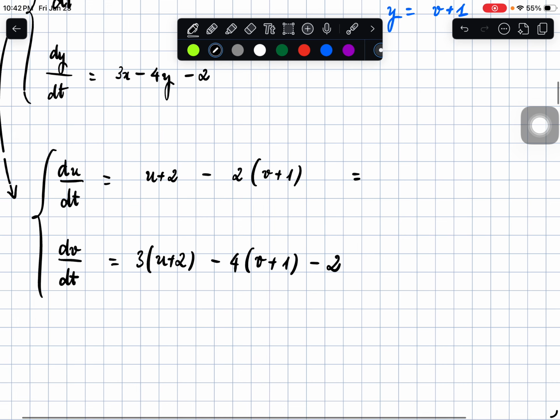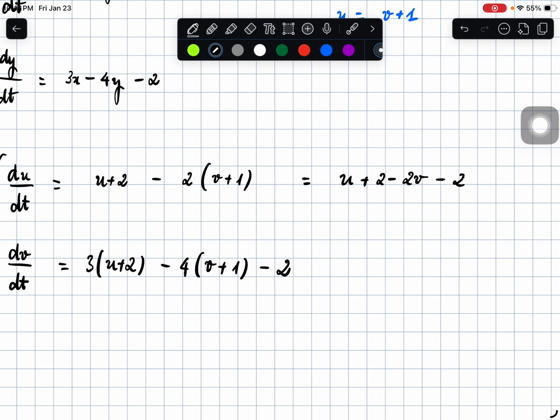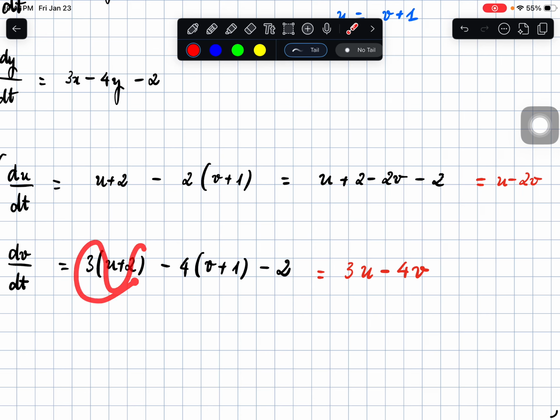So the first equation I have u plus 2 minus 2v minus 2. So 2 minus 2, we have u minus 2v. For the second equation, 3 times u plus 6 minus 4 times v, minus 4, minus 2, plus 6 minus 4 minus 2 is 0, which means 3u minus 4v.